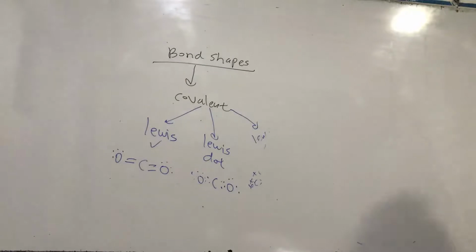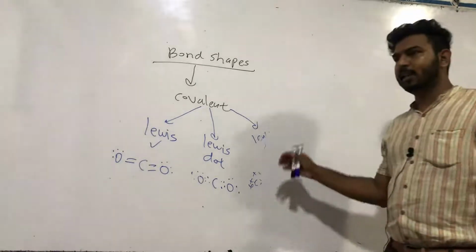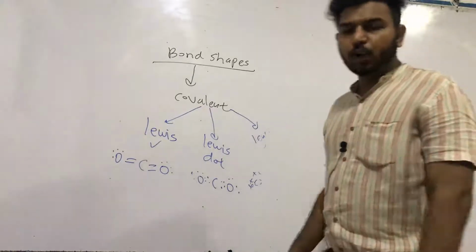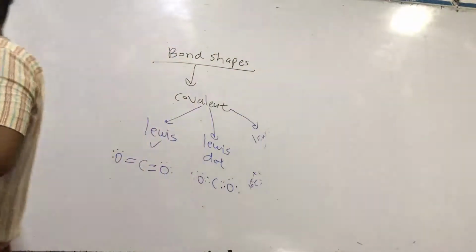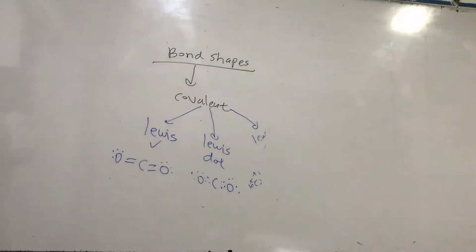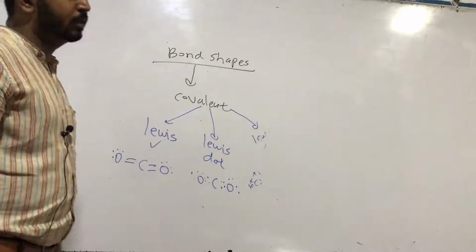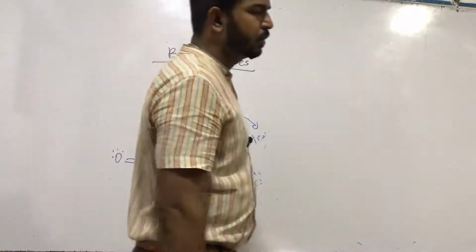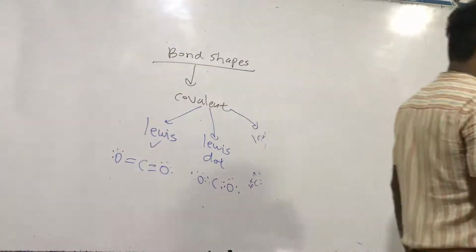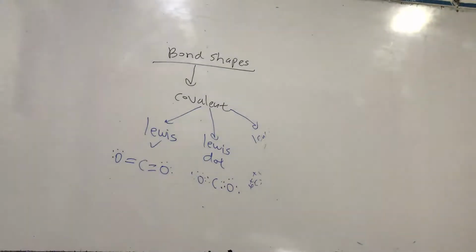The third one is Lewis dot cross structures.